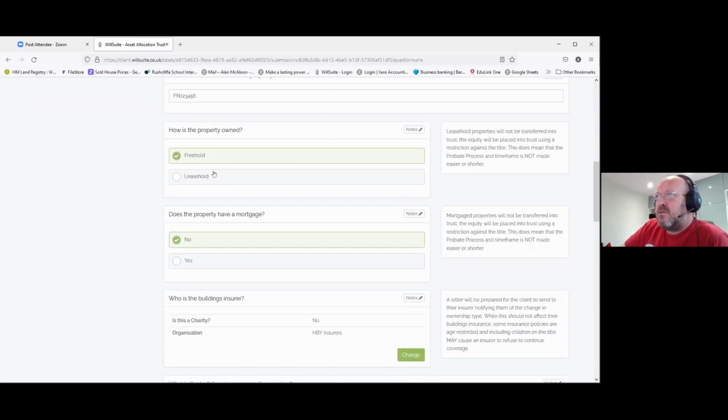Is it freehold or is it leasehold? If it's freehold, things are generally going to be straightforward. If it's leasehold, they really might not. There are some very simple leaseholds and we can just transfer them. There are some very complicated leaseholds, where McCarthy Stone is probably one of the more famous, where it's age-restricted leases where they will only put people on who are over a certain age.